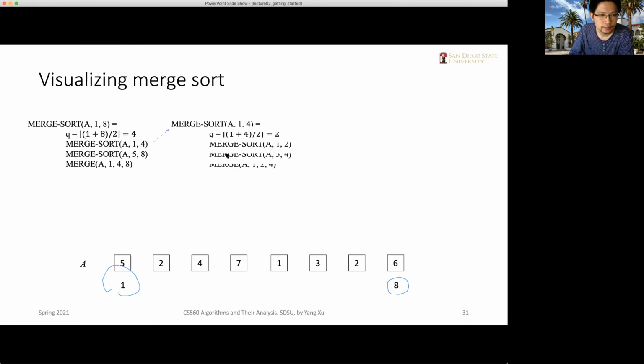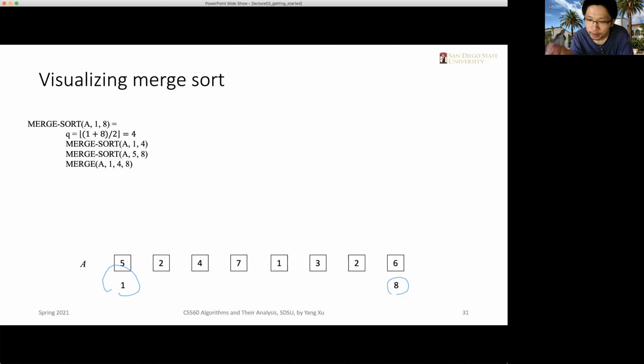If we call merge sort on input array A from 1 to 8, according to the algorithm we need to compute Q, the midpoint, which is 4. So we call merge sort again on A from 1 to 4, and also merge sort from 5 to 8. That's 2 recursive calls, and lastly we need to merge.